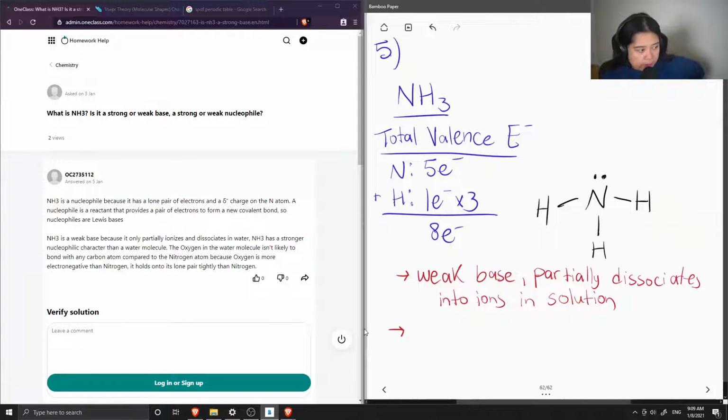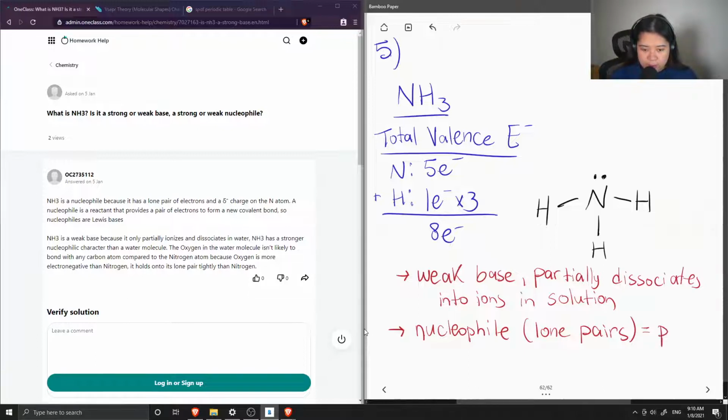So NH3 is actually a nucleophile. And this is due to nitrogen's lone pairs. So these lone pairs, they provide electrons to form covalent bonds with other atoms.